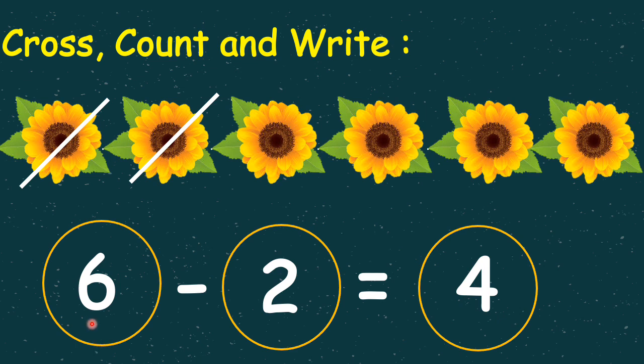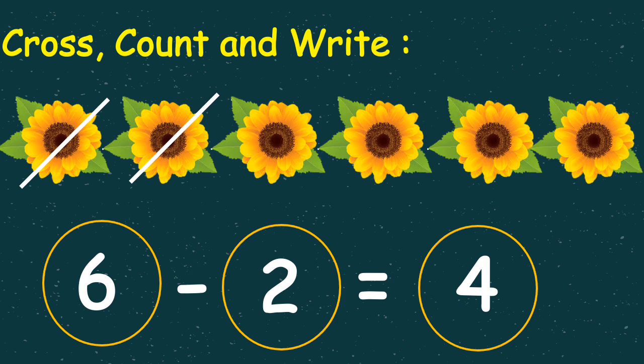So, which means when you remove 2 from 6, you get 4. Alright, so 6 flowers, 2 flowers were crossed, and the remaining flowers are 4.